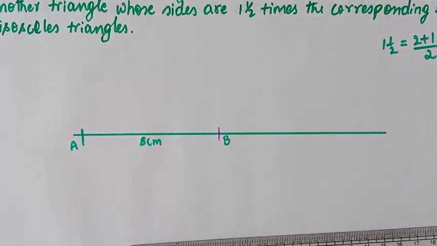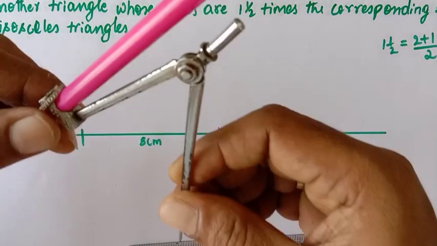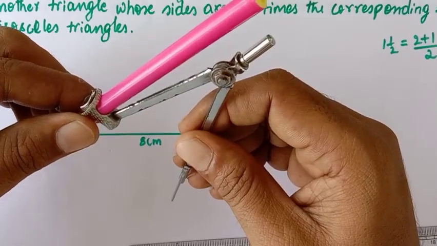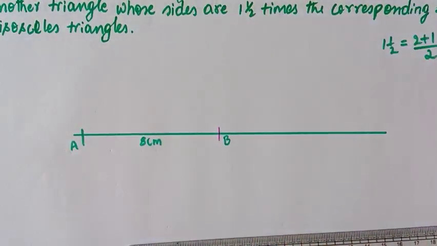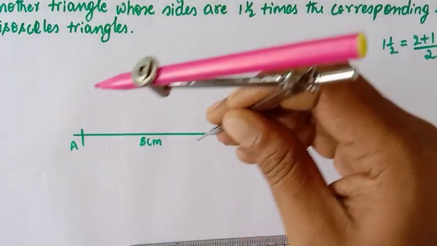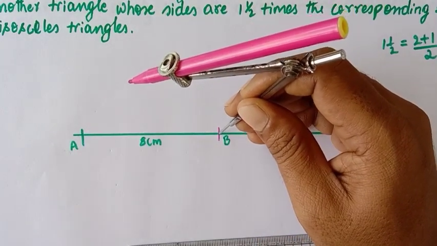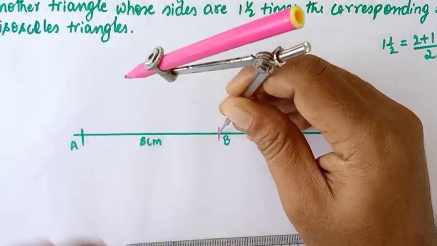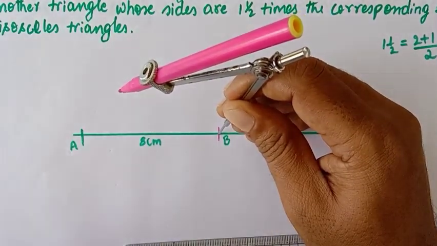And then afterwards, we have to mark the altitude, which is 4 centimeter. As the altitude is 4 centimeter, we should get the midpoint and we should draw the altitude.